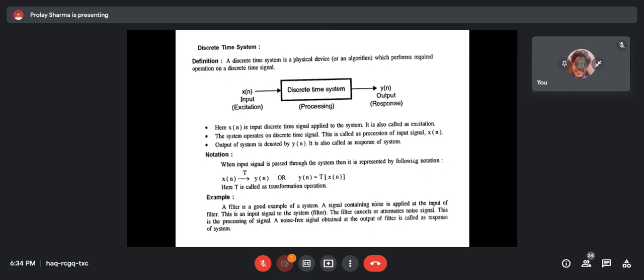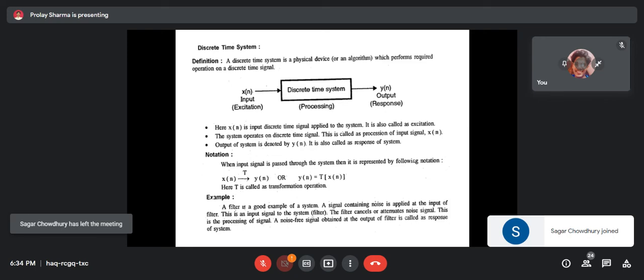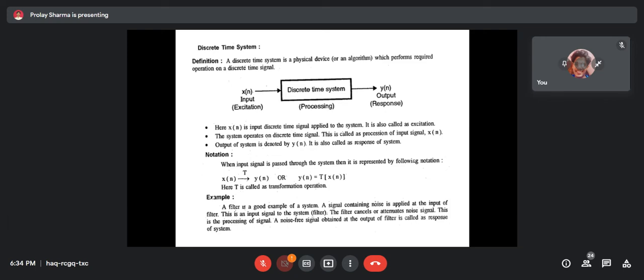Now discrete time system. We have completed our discussion on signals. From now onwards we are coming to the field of discussing systems. Now what is a system? Suppose we consider a system a black box. That means it will take some input to give some output.